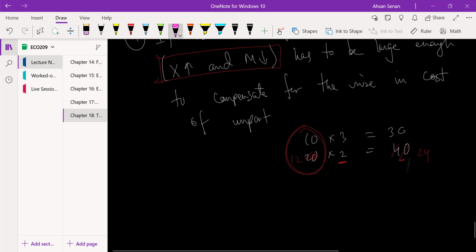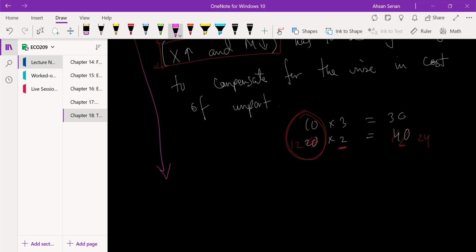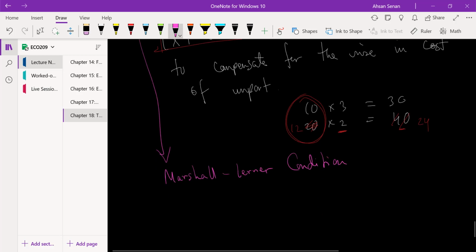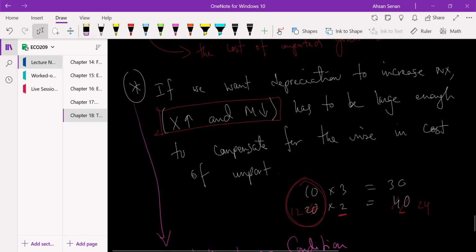And evidence, data shows us that it does happen. And this is known as the Marshall-Lerner Condition. Okay, so this is after two economists. Most of you should have heard about Alfred Marshall by now, and this is Abba Lerner. Two of them observed this relationship that whenever there is a depreciation, the effect of rise in X and fall in M tends to compensate for the rise in cost of import.